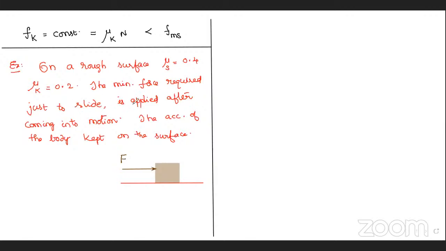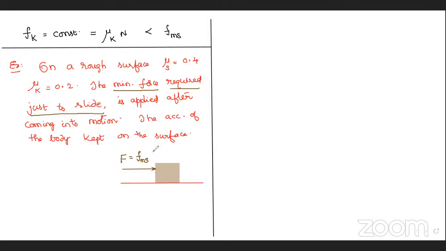How much force did he apply? The minimum force required just to slide, which is FMS. That much force is applied after coming into motion, so it is already in motion.